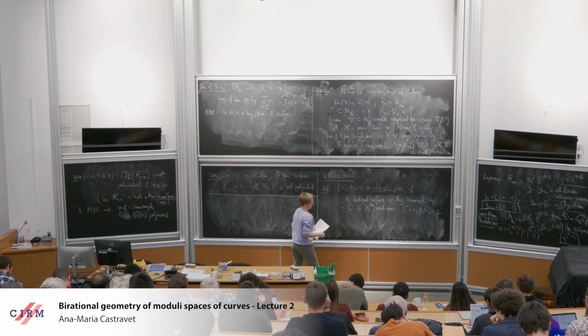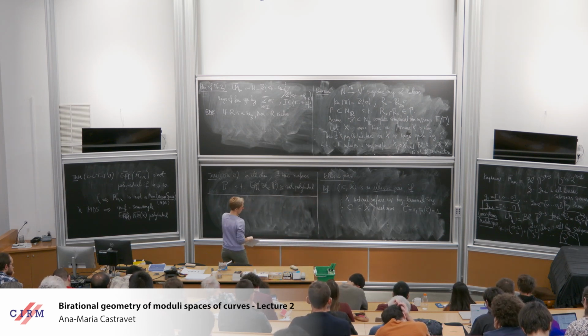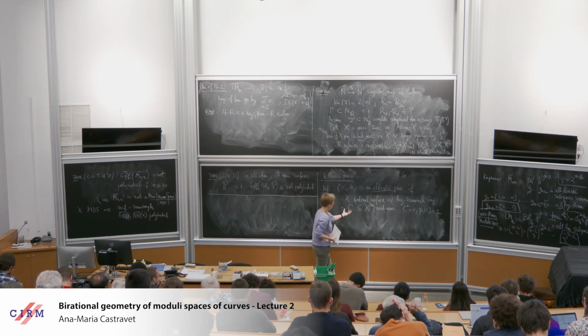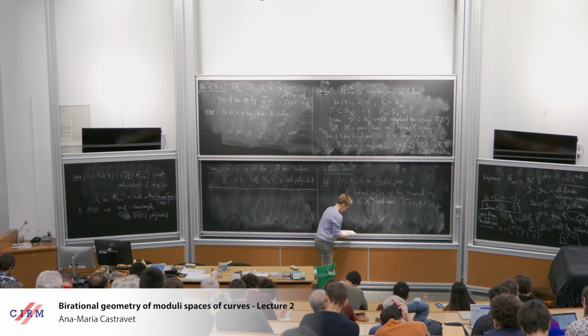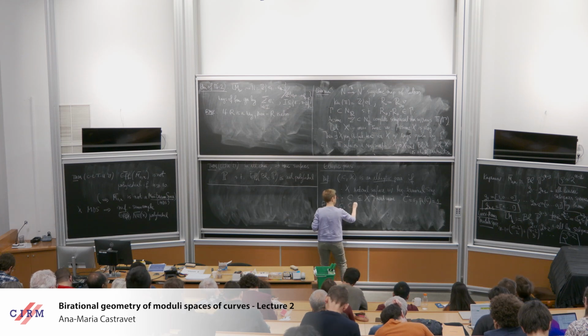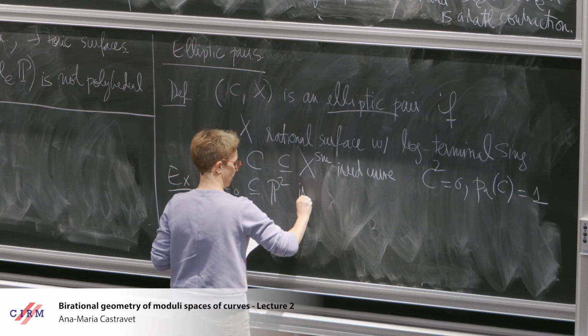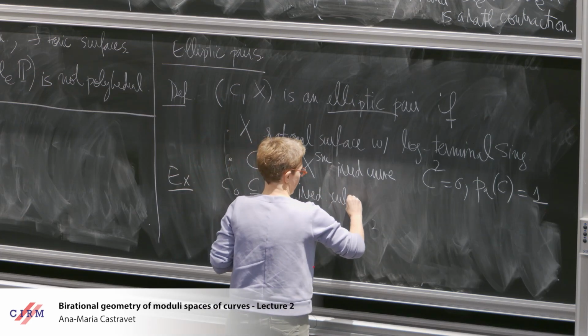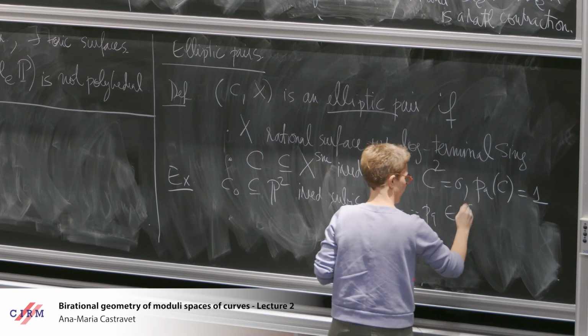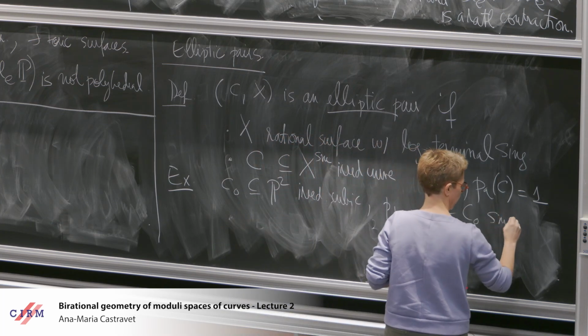Then the question about the polyhedrality of the effective cone will be related to some arithmetic of rational points on this elliptic curve. Again, the simplest example is if you take an irreducible cubic in P2 with 9 distinct smooth points.